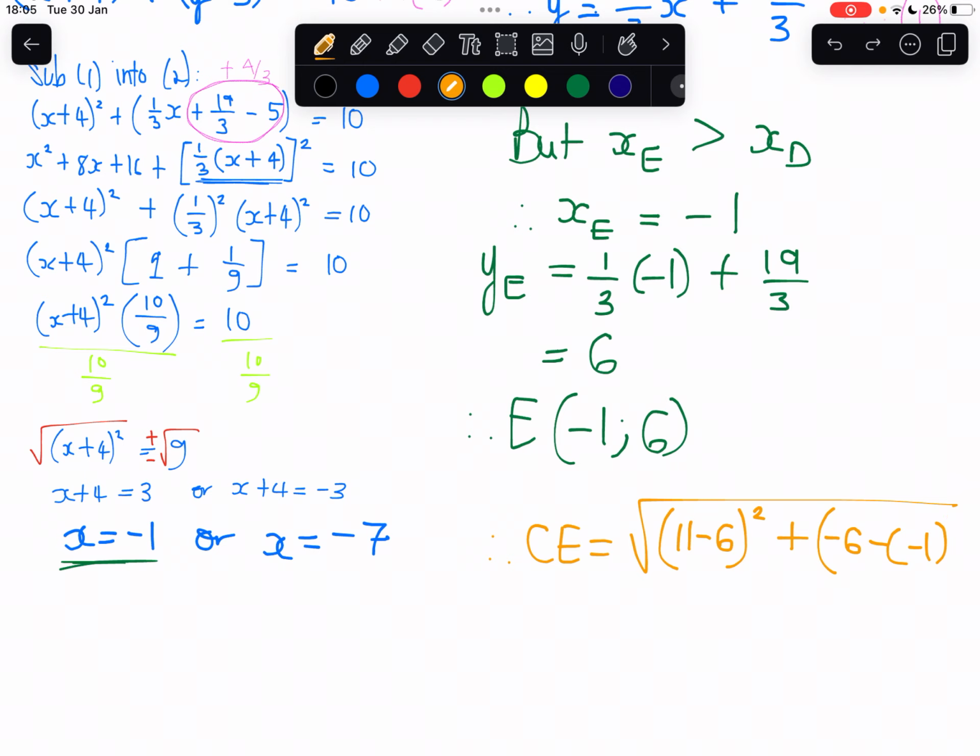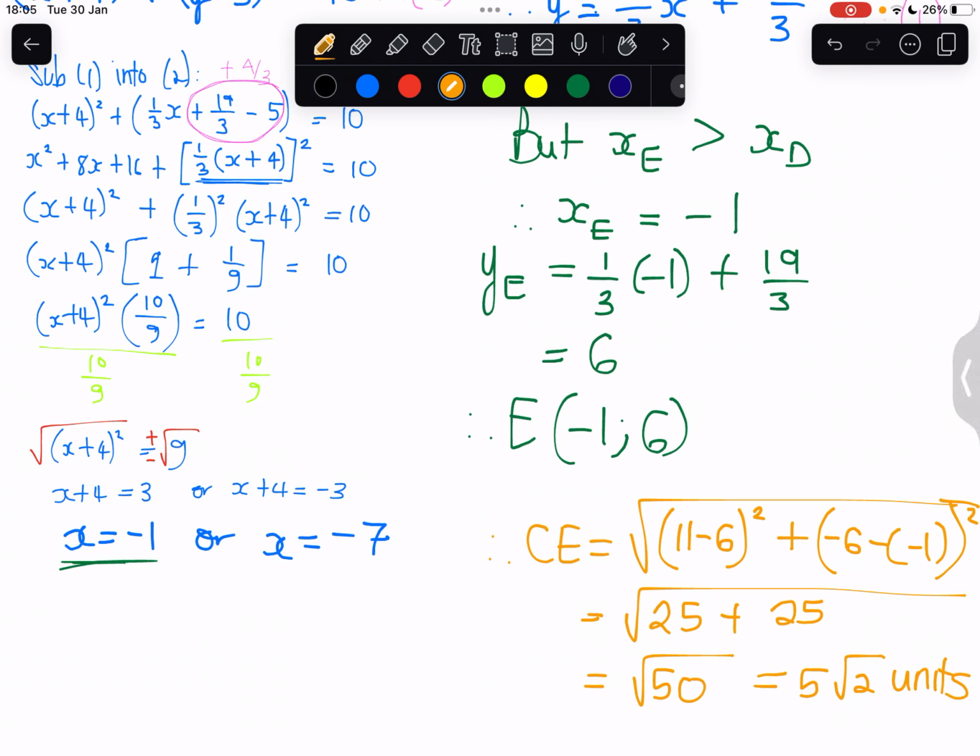Again, something you should punch into the calculator, but I am not doing it. Maybe it's because that calculator and I just don't get along well. Anyway, so this is the answer that I get.